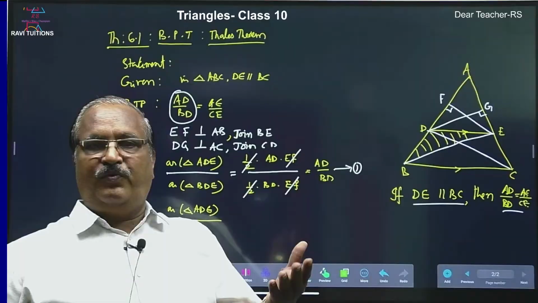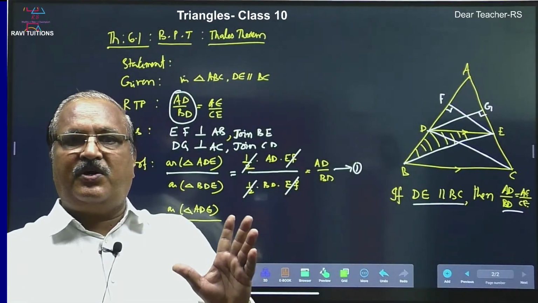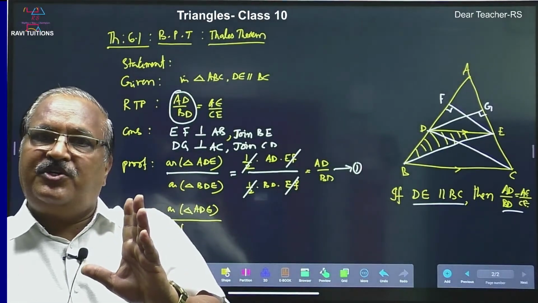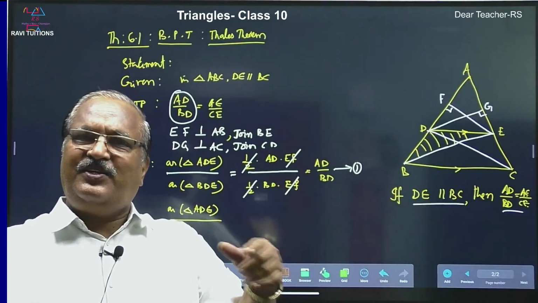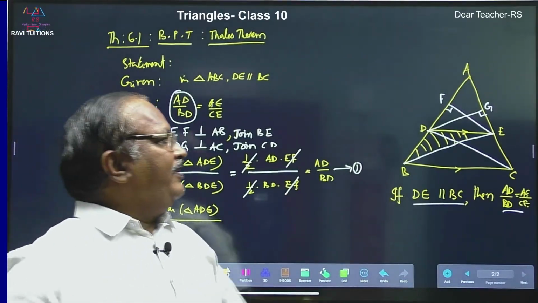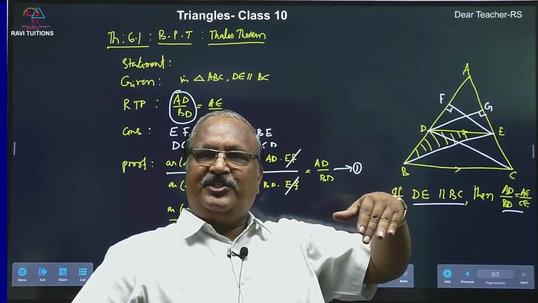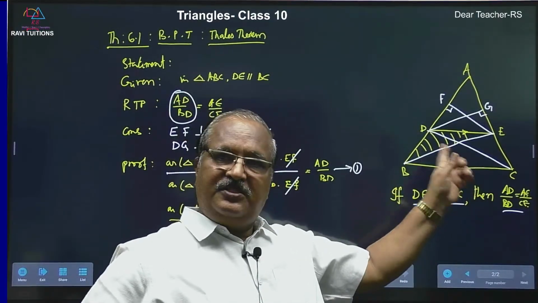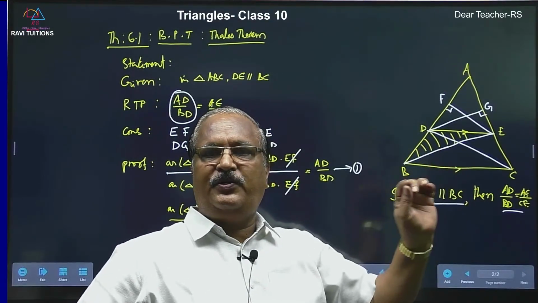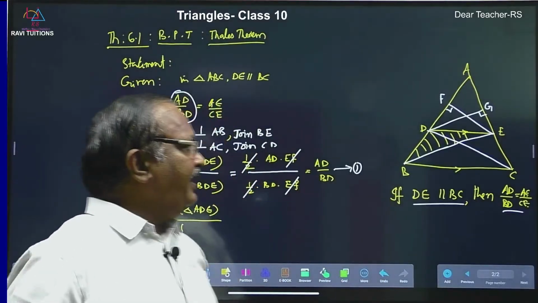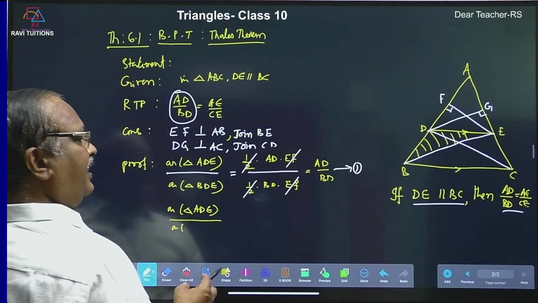In your proofs, try to draw the construction using dotted lines. I have used white color. In your examination or in your books, draw all the construction part using dotted lines.